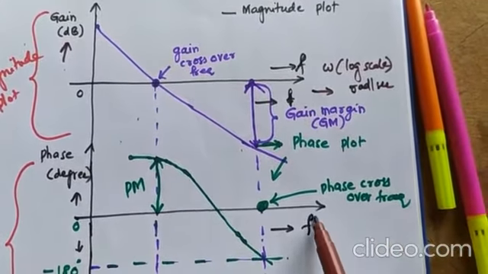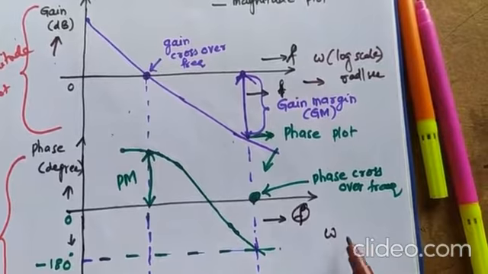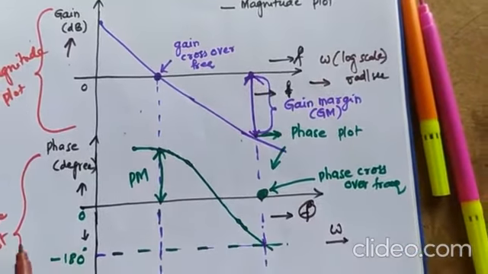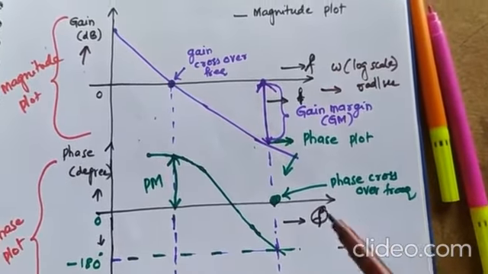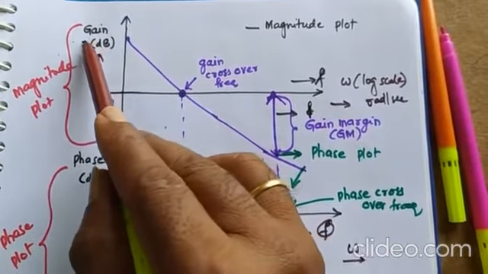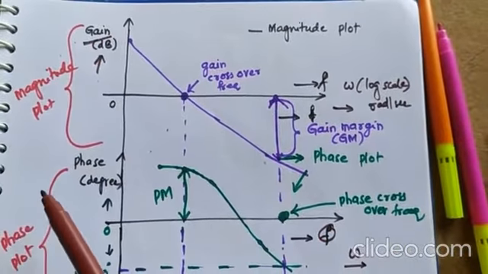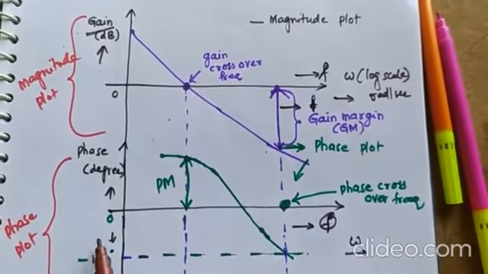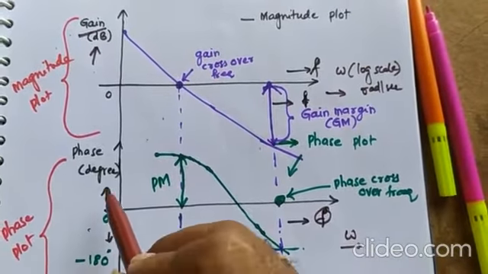For both plots the x-axis, the logarithmic angular frequency, is common, and the y-axis is different. For the phase plot, the y-axis is the phase.